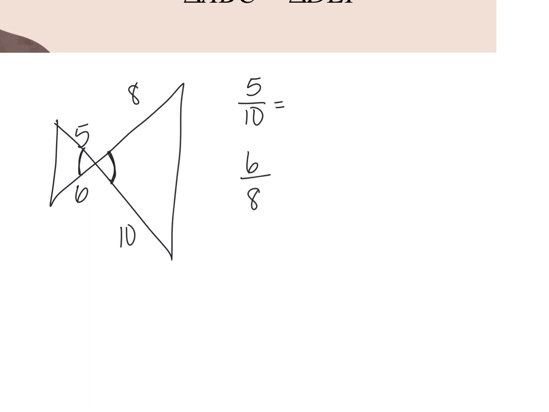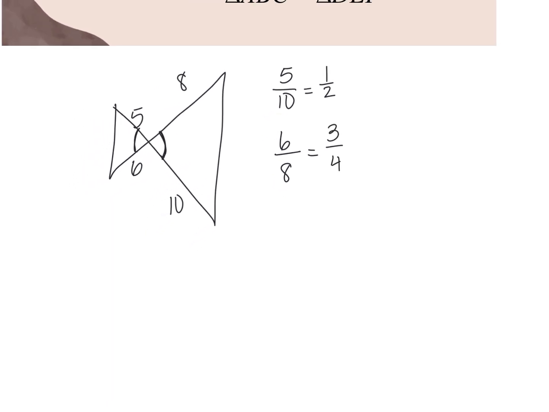Simplifying 5 over 10, what would I get? Good. And simplifying 6 over 8, what would I get? Good, 3 over 4. Are these ratios proportional? No, these two are not proportional, so it's not similar. These two triangles are not similar. Again, their proportions are not the same.